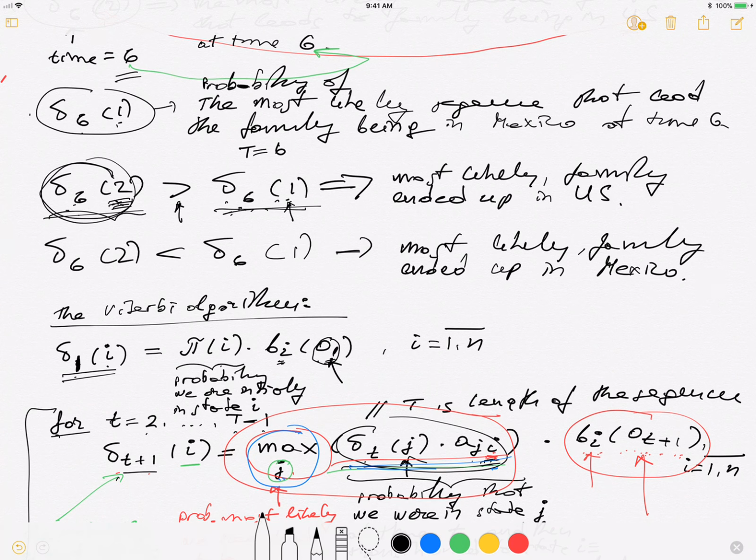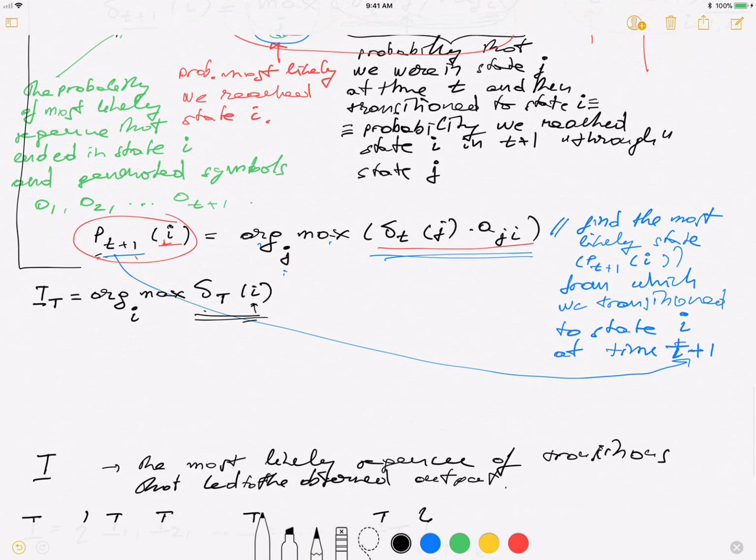Therefore the index 2 corresponding to the state 2 maximizes the probability. Therefore the most likely state was the state 2, which was US. So this is just really to formalize that. Find the most likely final state.